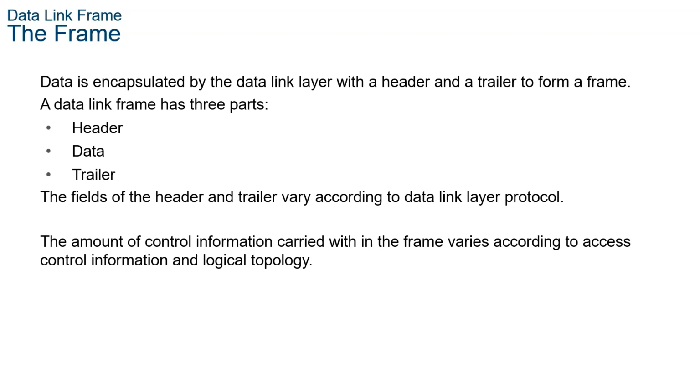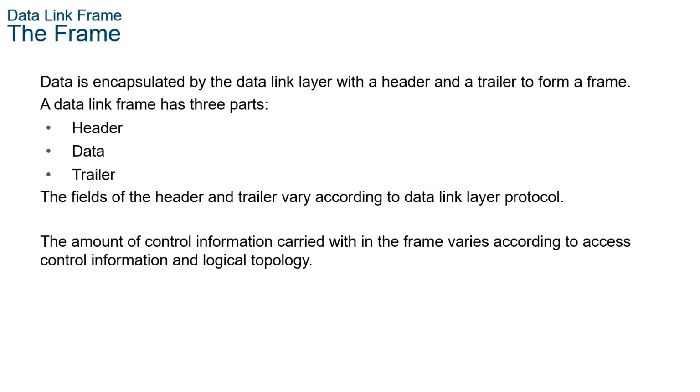Now, on this segment, we are going to focus on the protocol data unit on the data link layer, which is called frame. This topic discusses in detail what happens to the data link layer frame as it moves through the network. The information appended to a frame is determined by the protocol being used.